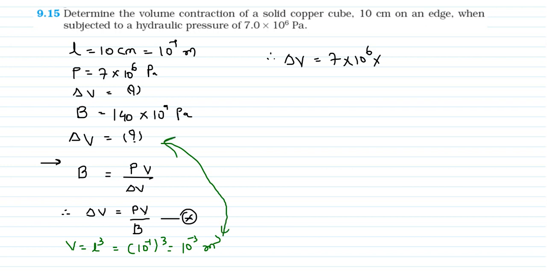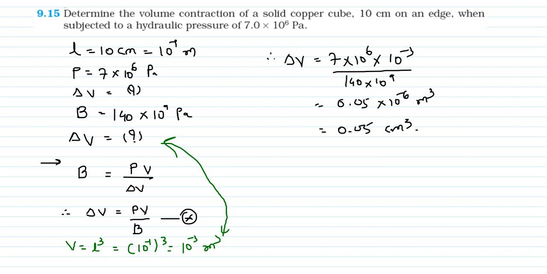So here what is the volume? That is 10 raised to minus 3 upon bulk modulus, that is 140 into 10 raised to 9. So when you solve this, then your answer is 0.05 into 10 raised to minus 6 meter cube. You can also say 0.05 centimeter cube, right friends?